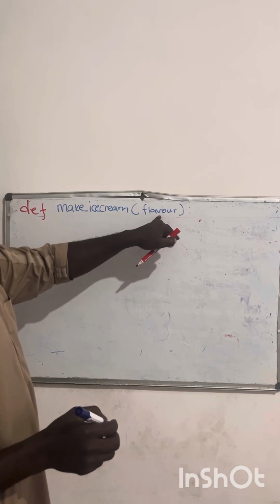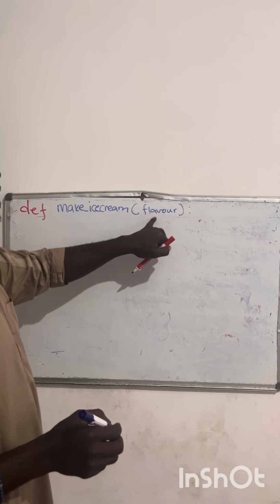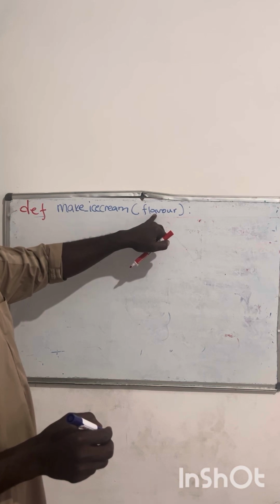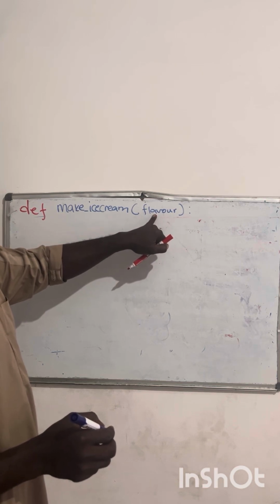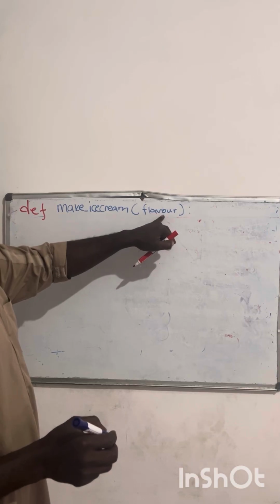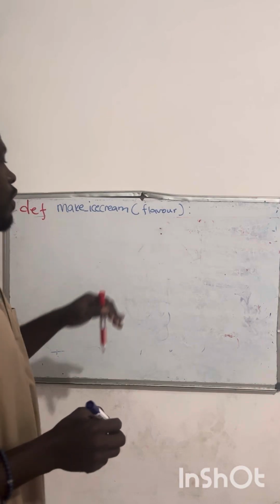When we get to the stage of calling our function, we shall pass on different values to our parameter here. We shall pass different flavors into our parameter, such that our function can print different flavors of ice cream.